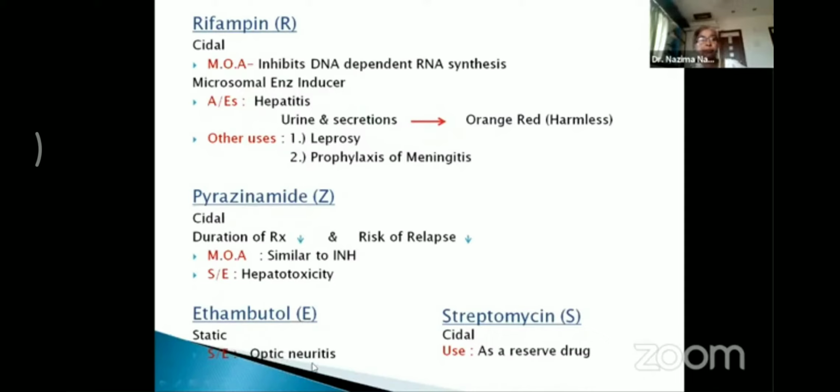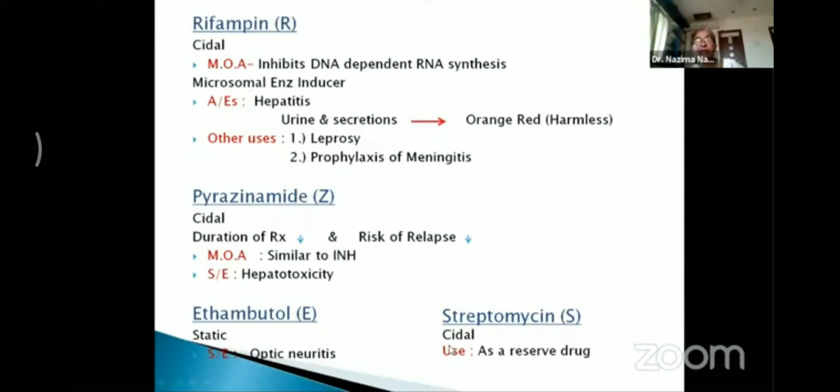So, this side effect should be kept at the back of the mind, and the patients should be asked about the condition of the ocular vision. Now coming to streptomycin, now this drug is having a cidal action.